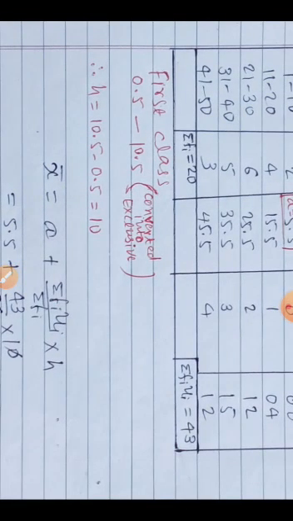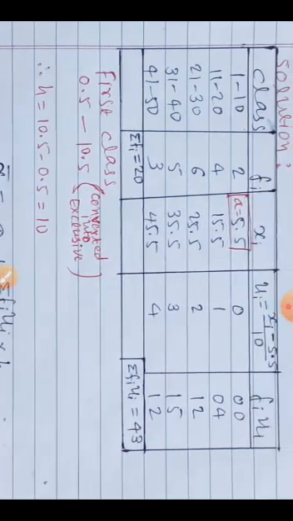Subtract 0.5 from the lower limit and add 0.5 to the upper limit. Actual class is 1 to 10, but the lower limit becomes 0.5. Why? Because 0.5 is subtracted. Actual upper limit was 10, but now it becomes 10.5. Why? Because 0.5 is added.